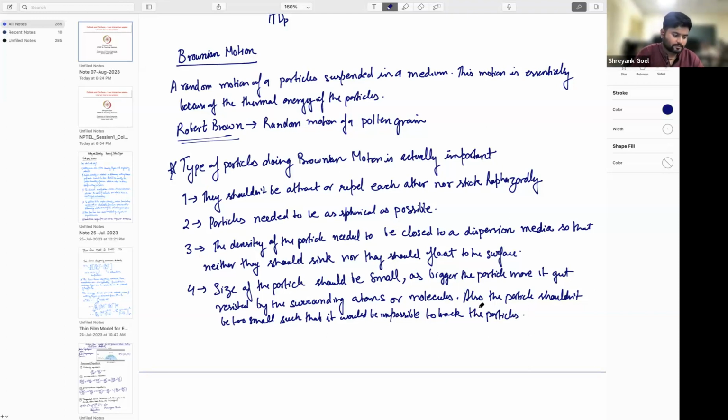So these are some of the essential constraints on the particles that do Brownian motion, and Robert Brown is the one who was able to find such a particle, and this particle is the pollen grain, which follows these constraints, and that's why he was the first one to say that this is Brownian motion.